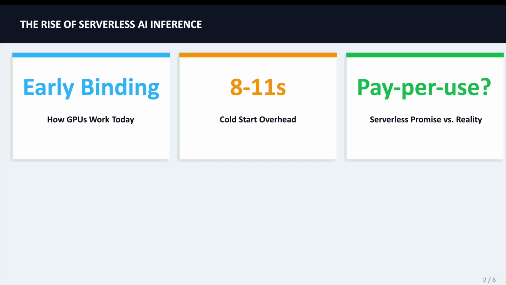So the way GPU platforms work today is something called early binding. And basically, when you deploy a model, it gets locked into a specific GPU right away, and it just stays there. It doesn't matter if anyone's actually using it or not, it just stays there.